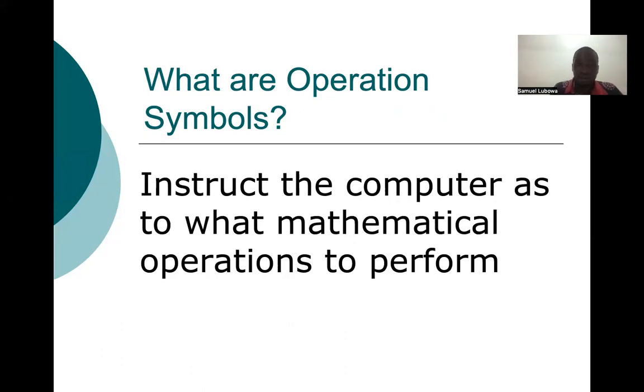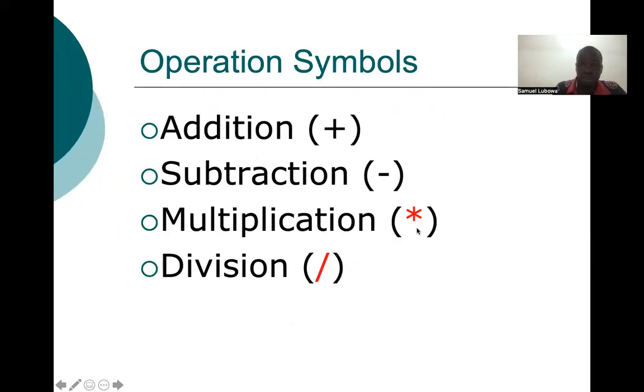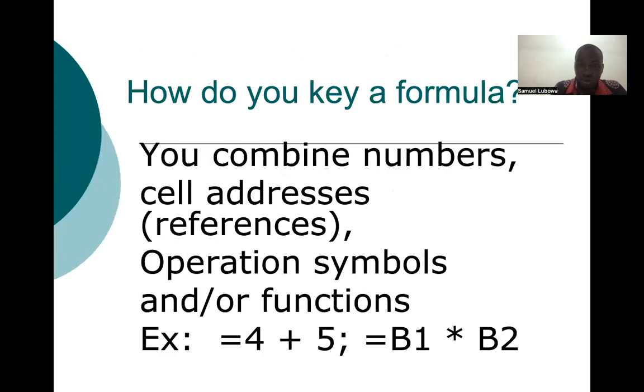Okay, we have what we call operation symbols, which instruct the computer as to what mathematical operations to perform. These are some of the operation symbols. We are going to be interacting with addition, subtraction, multiplication, division.